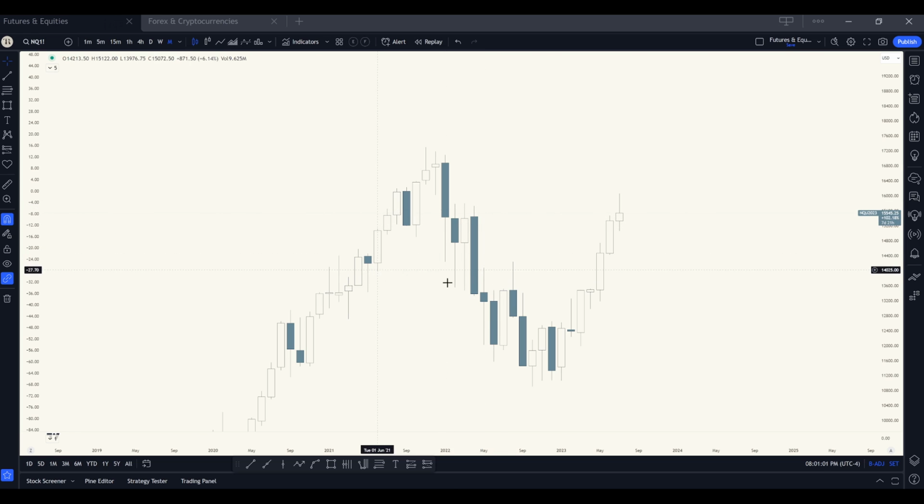Where is a Judas swing? I'll tell you right now, I see a Judas swing right here. I can't really mark it because it's very small, and you would see this better on a lower time frame, but it went up, then it went down. So, matter of fact, let's go down lower.